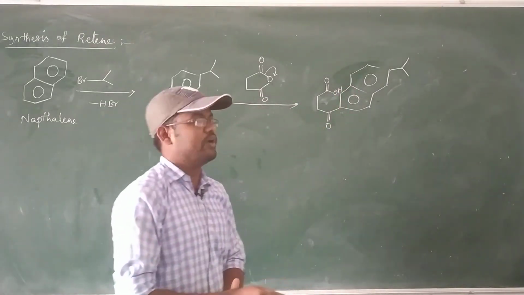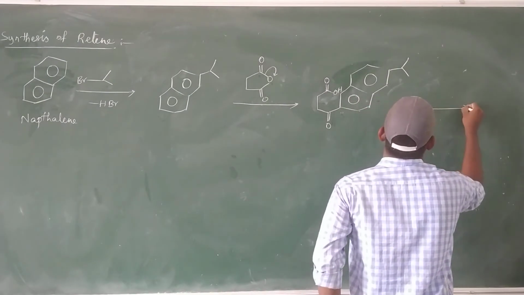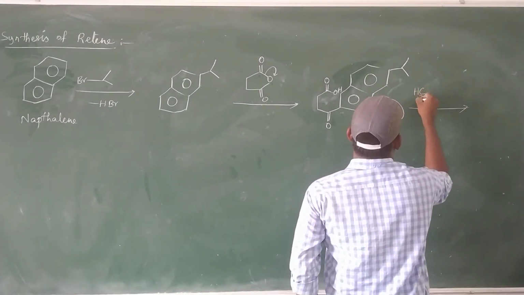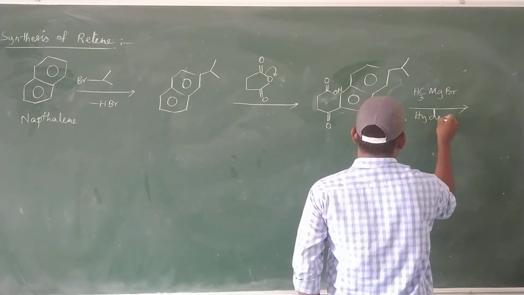When it is treated with Grignard reagent, methyl magnesium bromide, followed by hydrolysis.